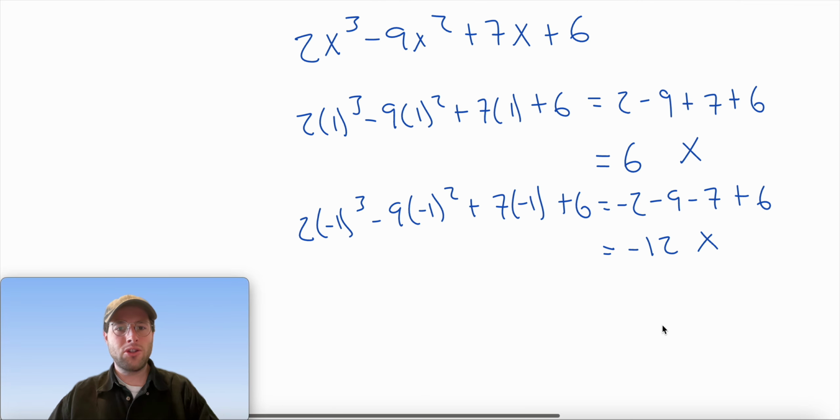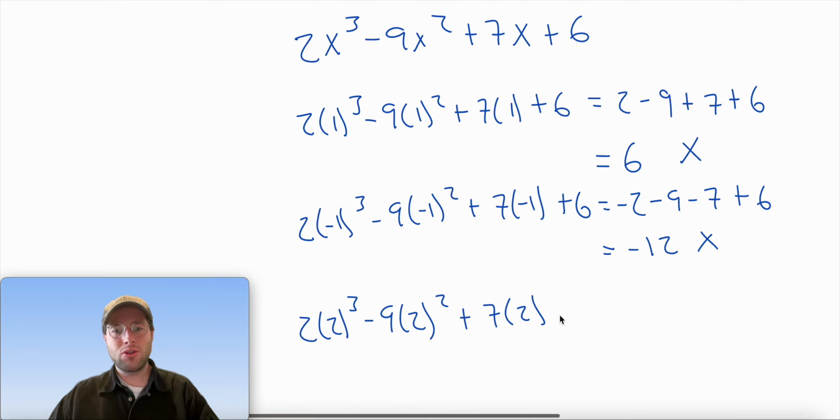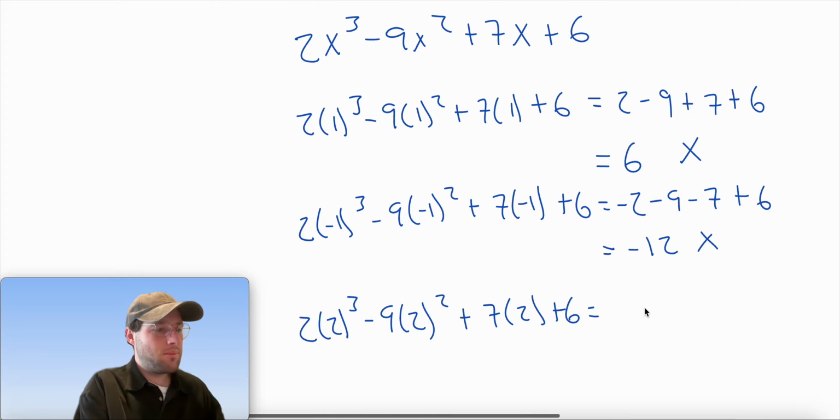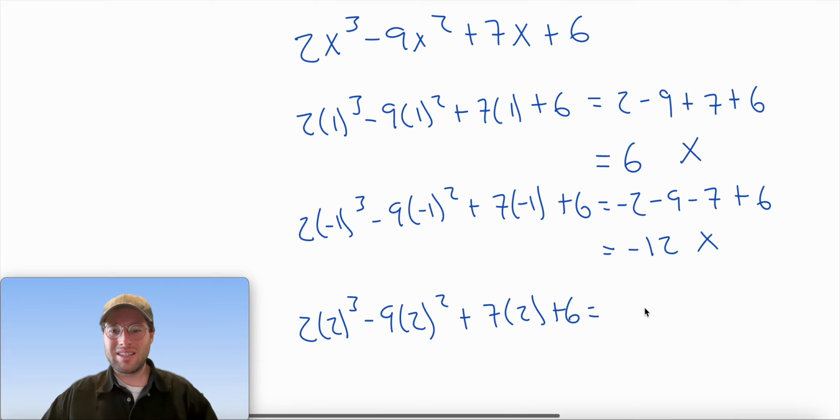Nope. Let's try out 2. So 2 times 2 to the third, minus 9 times 2 squared, plus 7 times 2, plus 6. And let's see, plugging this in, we get 2 raised to the third, which is 8, times 2, which is going to be 16.